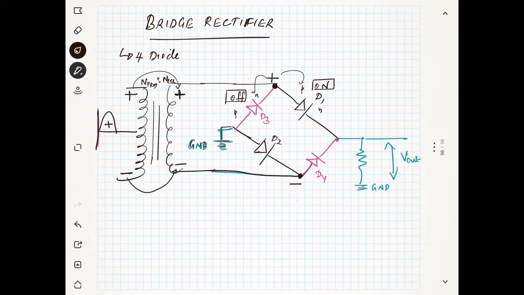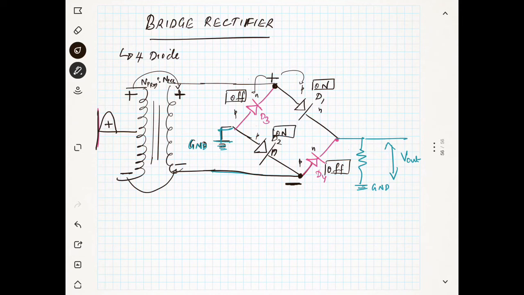Similarly, we can talk about another thing. The negative is connected to the p type, and this is n type. The negative is connected to the p. That means D4 is off, and the same negative is connected to the n here. That means this one is on.